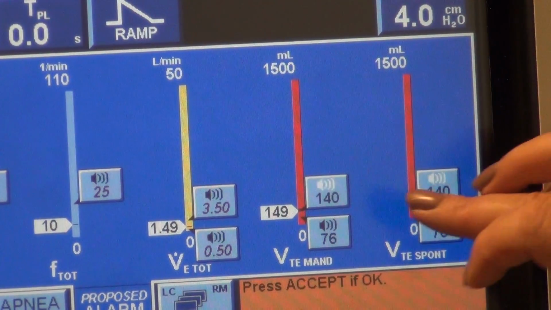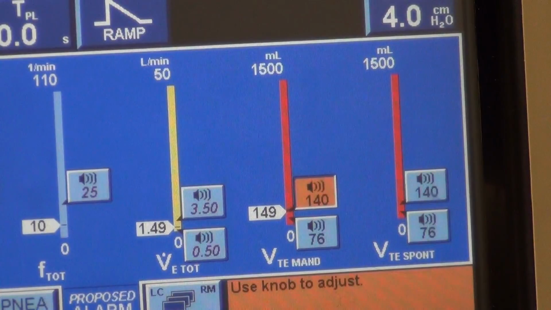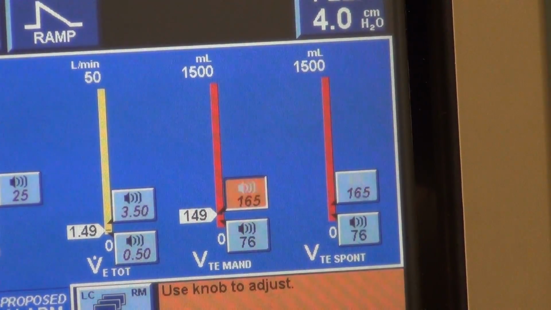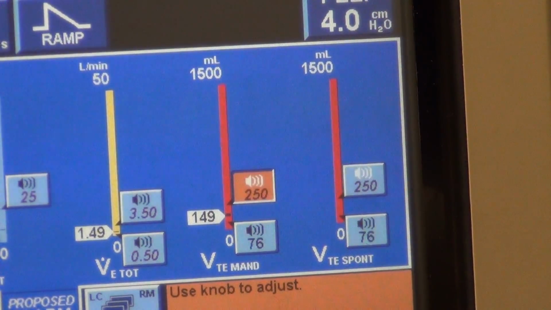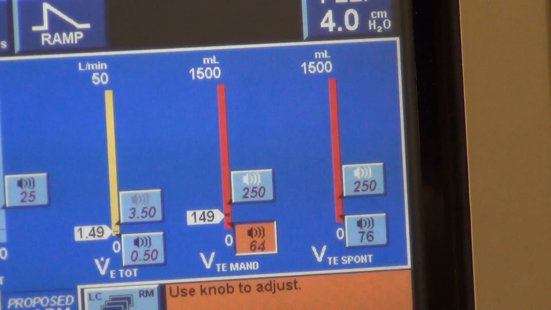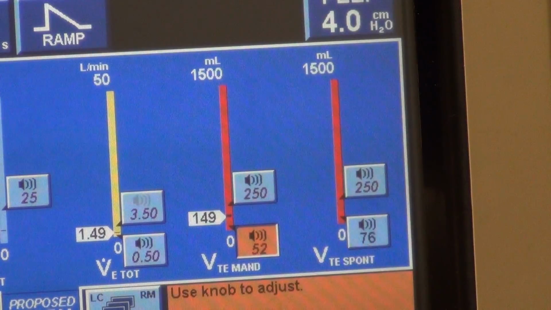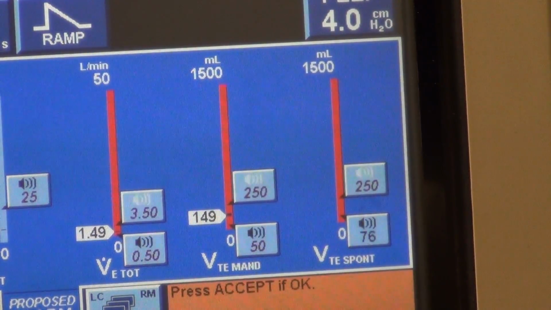All right, and then look at our tidal volume. We're measuring roughly about 149. So what's our rule for our adult patients? 100 above, 100 below. Okay.